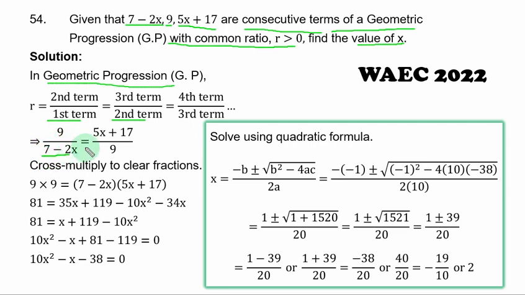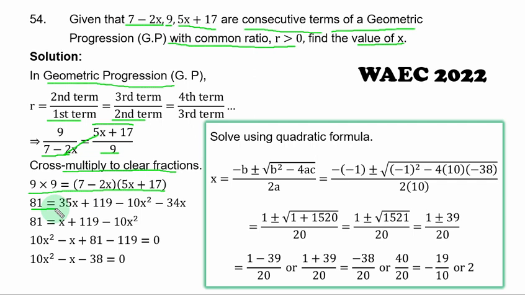That is equal to third term 5s plus 17 over second term 9. Cross multiply to clear fractions. You have 9 times 9, then this times the other term, you have it in this form.